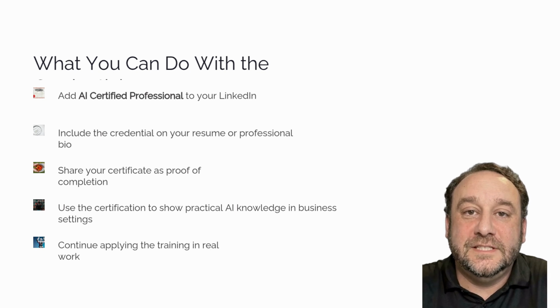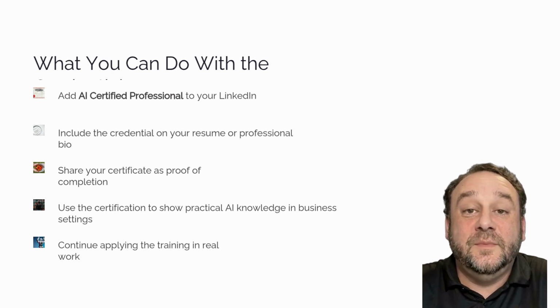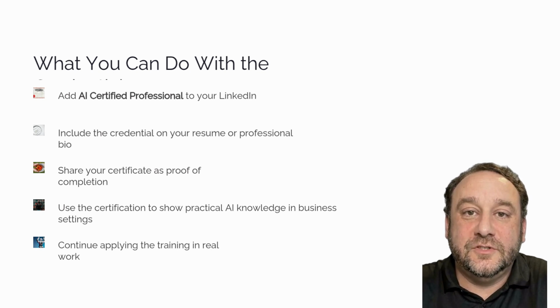For people working in sales, leadership, enablement, consulting, or business transformation, this can help communicate that you've built practical AI capability rather than just general awareness. The credential is also valuable as a personal milestone. It shows that you moved through the full training path and demonstrated both understanding and application. Most importantly, the value of the credential grows when you continue using what you learned in real work.